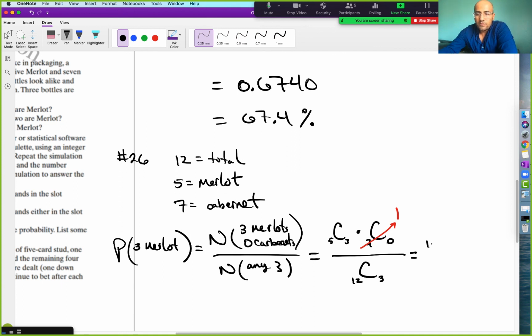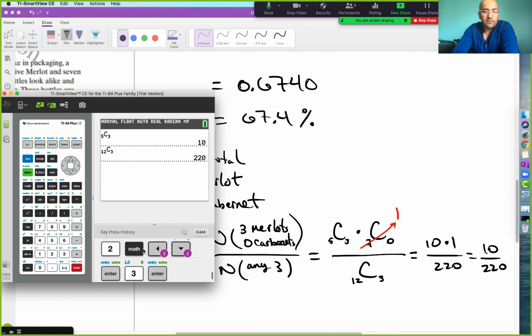So this is going to be equal to 10 times 1 over 220, or just 10 divided by 220. And then we can just divide those 2 numbers, and that'll give us our answer. 10 divided by 220.